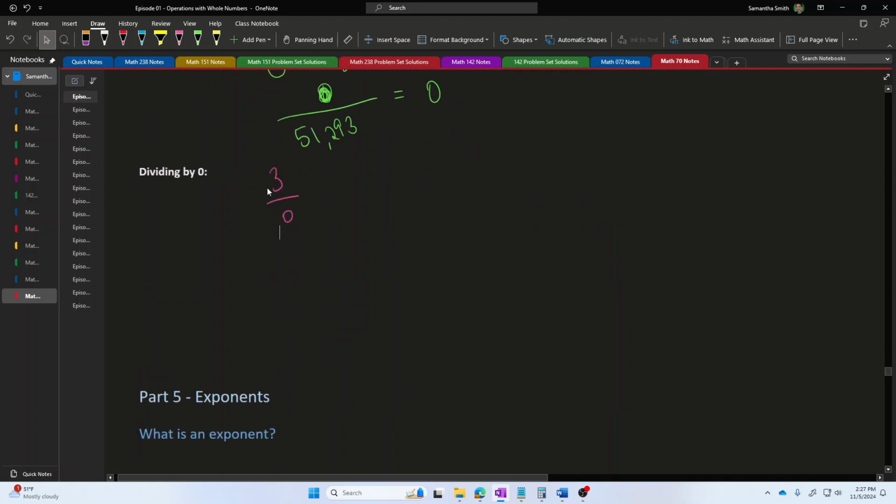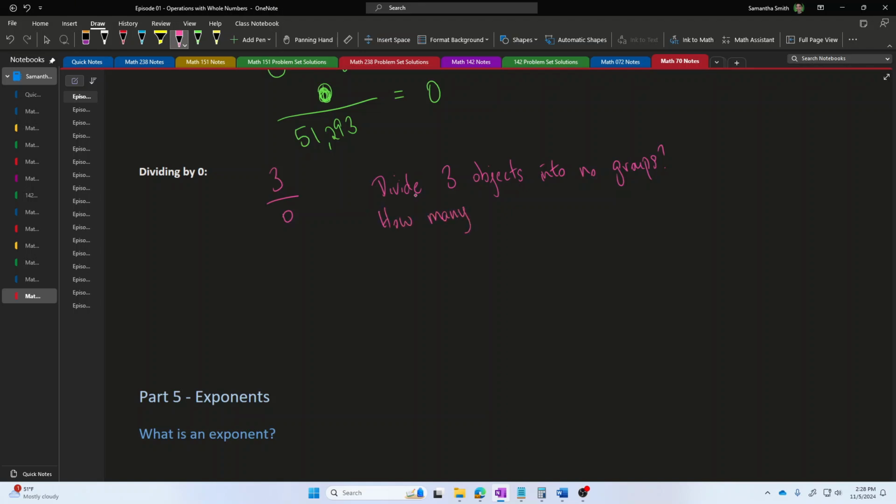What this is trying to say is, divide 3 objects into no groups at all? Or put another way, how many times does 0 go into 3?